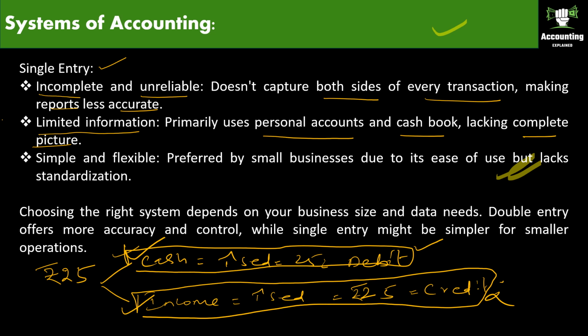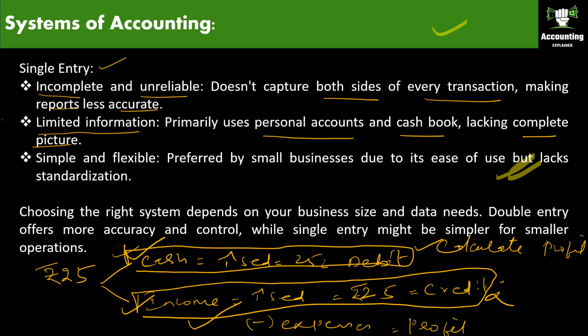You can calculate profit only when you have your income properly, and from that you can deduct expenses so that we can know the profit or loss of your shop. If you have not recorded income at all, then you will not be able to know profit or loss, right? So you will not have a complete picture of your shop.